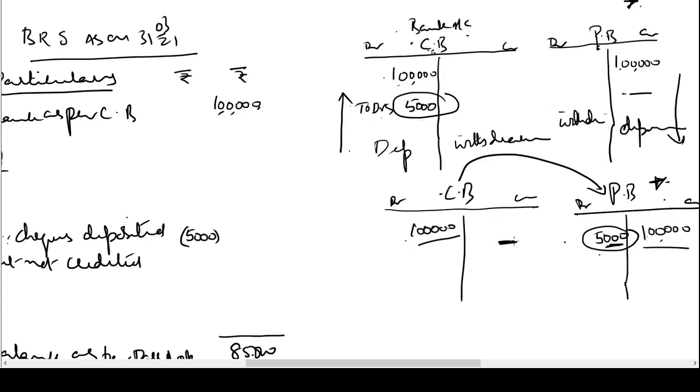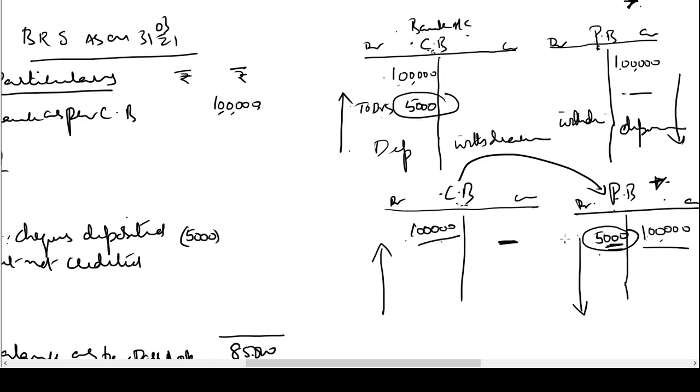But there is no corresponding payment recorded in the cash book. Now what will happen because of this? Because we have recorded a payment in the passbook, withdrawal in the passbook balance will reduce, whereas cash book will show a higher balance. Now what should I do to the cash book so that it will become equal to the passbook? Cash book is showing a higher balance, passbook is showing a lower balance. So what should we do to the cash book to make it equal to the passbook?